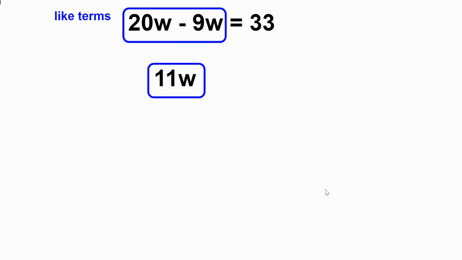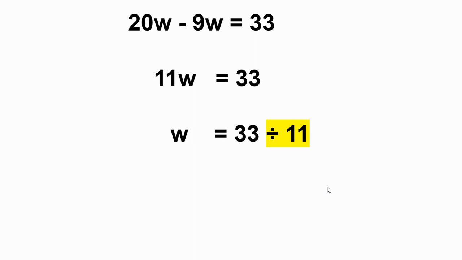That's 11w. And that still equals 33. We simplified our equation, and it's still a multiplication equation, which we now need to divide by 11. So in order to find what w is, we divide 33 by 11, and we get 3, and that's our solution.